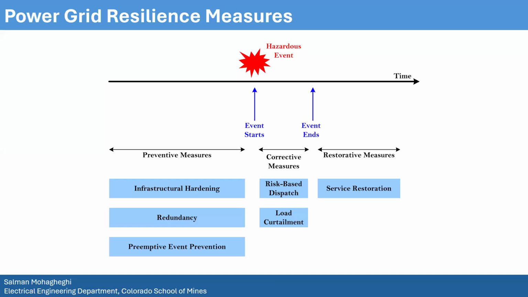One part of this would be to implement localized load shedding and load curtailment. And of course, once the event runs its course, we have to restore service to the outage area through a technique known as electric service restoration.